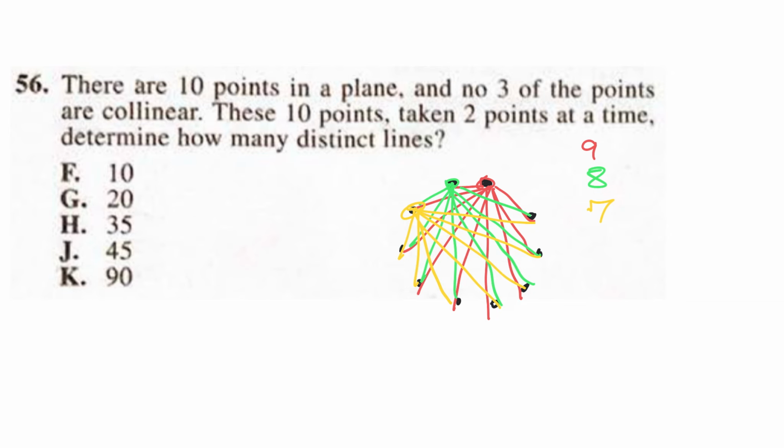So what we have here is every time we go down, we're going to descend by 1. So we will have next 6 unique lines, 5, 4, 3, 2, and then finally 1. So if we're trying to decide how many of these we have, we add up all of these points individually. And when we do that, we get 45.